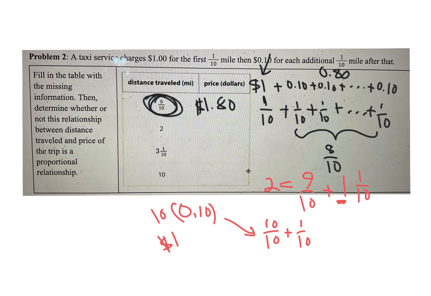So we got another $1 plus 1 tenth, that's another 10 cents, and that's $1.10 more than what we already had. Well, we already had $1.80, so $1.10 plus $1.80 is equal to $2.90. So I filled that in the table as well.